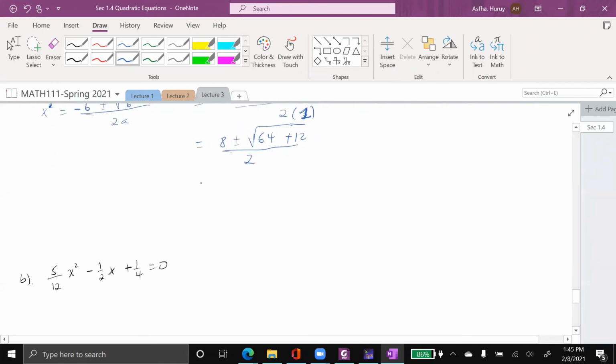Again, we simplify this one. What do we have? This is the square root of 76 over 2. What is 76?